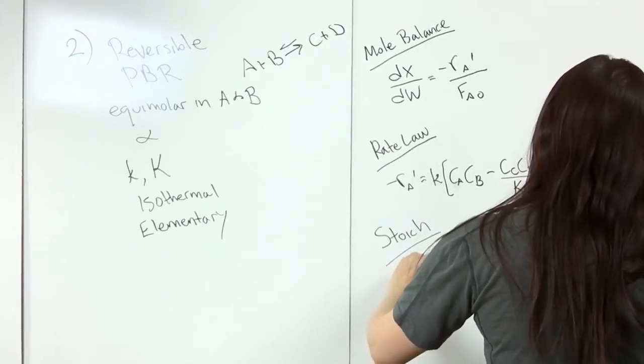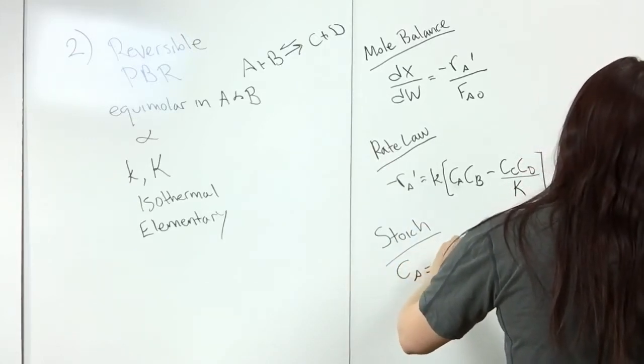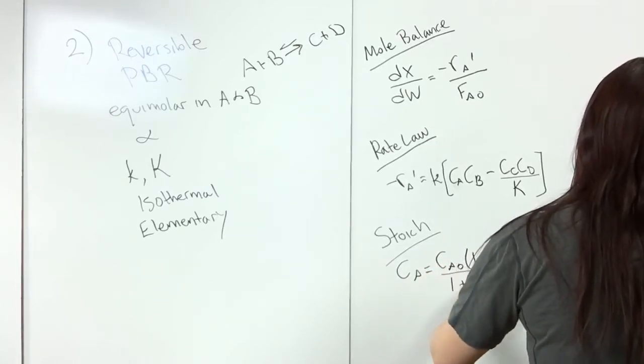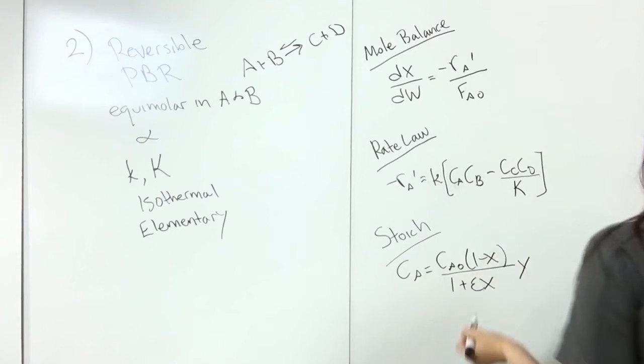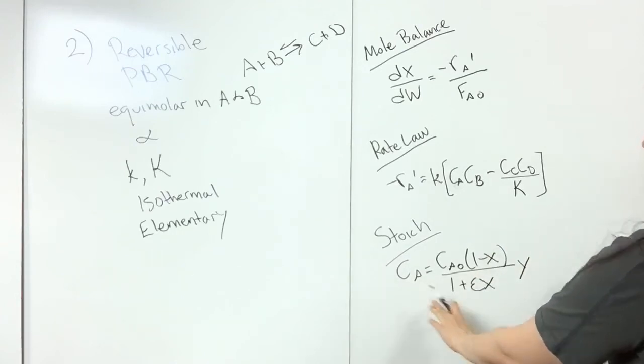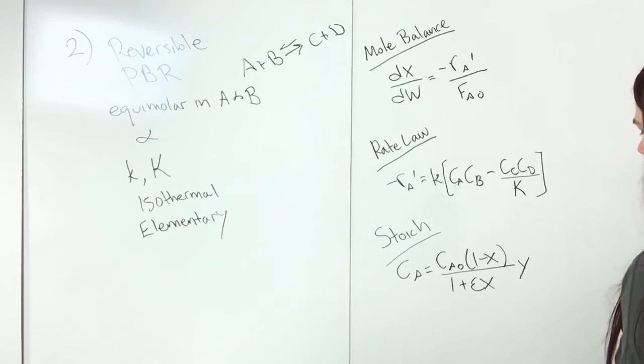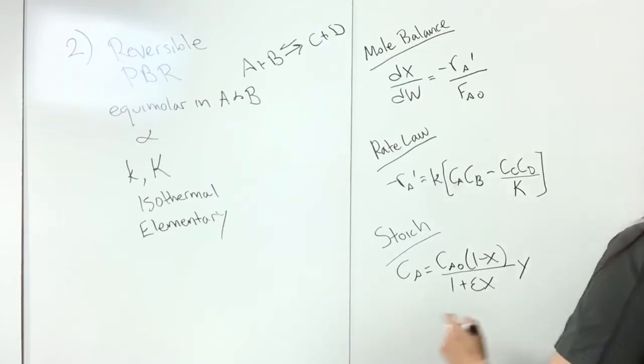And so we know that CA is equal to CA naught (1 minus X) over (1 plus epsilon X) times Y, and we know this because it's gas phase, and we have a pressure drop.